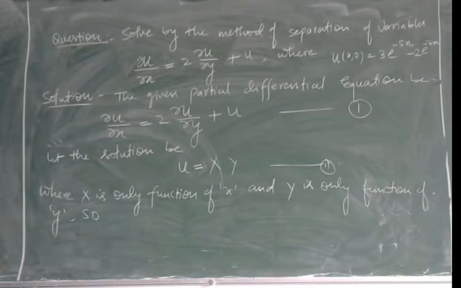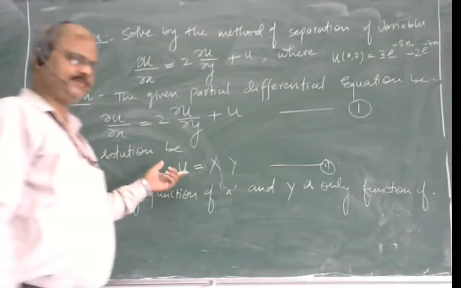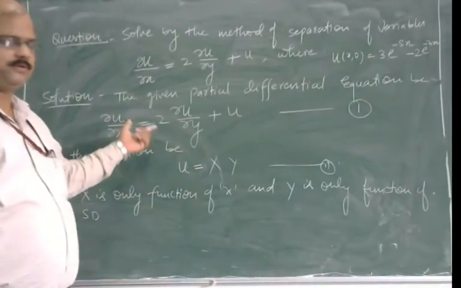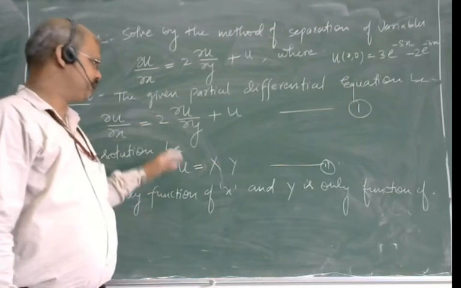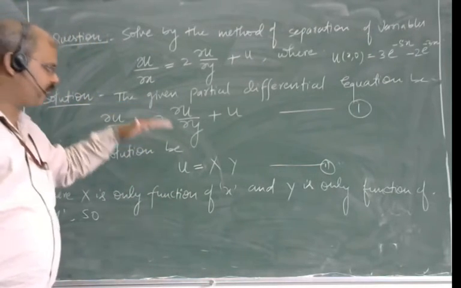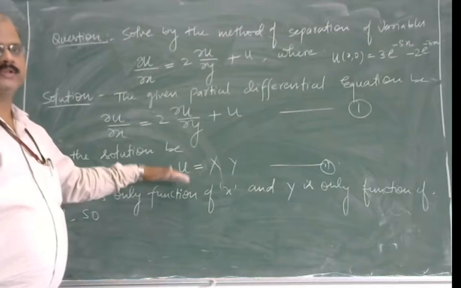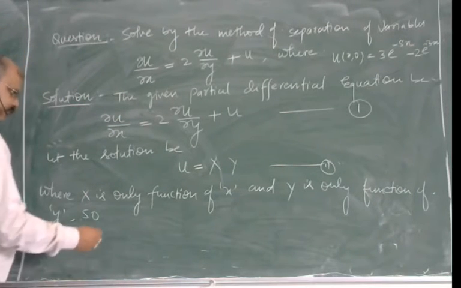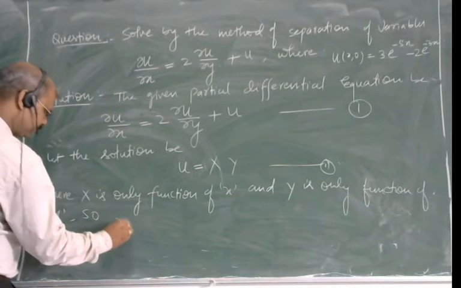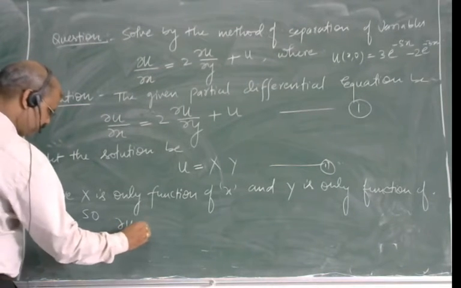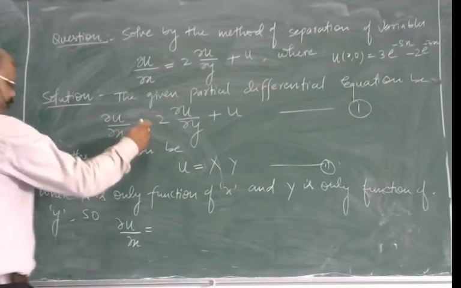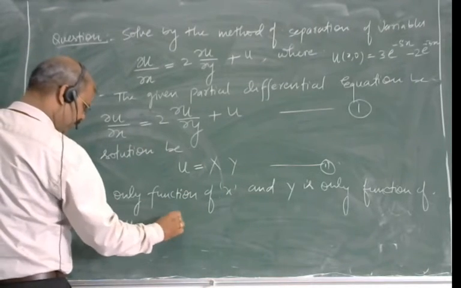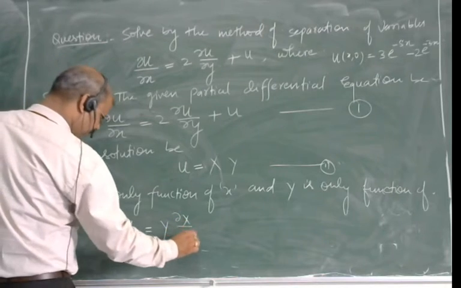Since this is the solution of this equation, this equation is satisfied by this solution. So now del u by del x is equal to Y del X by del x.